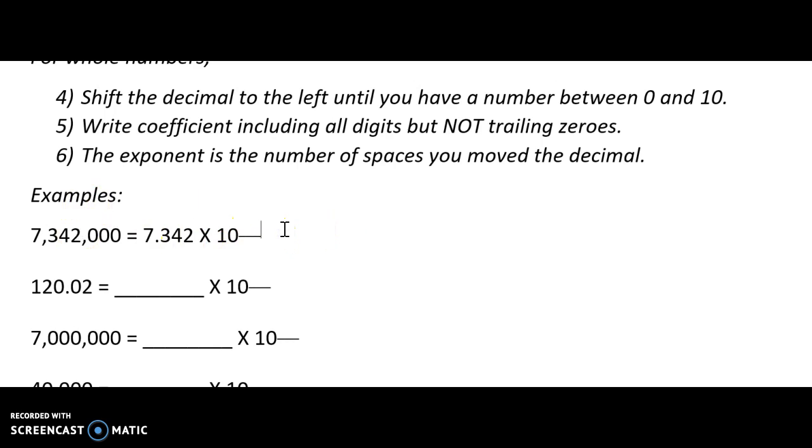Times 10, and now I have to figure out the exponent. Well, to get to 7.342, I had to move the decimal 1, 2, 3, 4, 5, 6 places to the left. So it would be times 10 to the 6th.